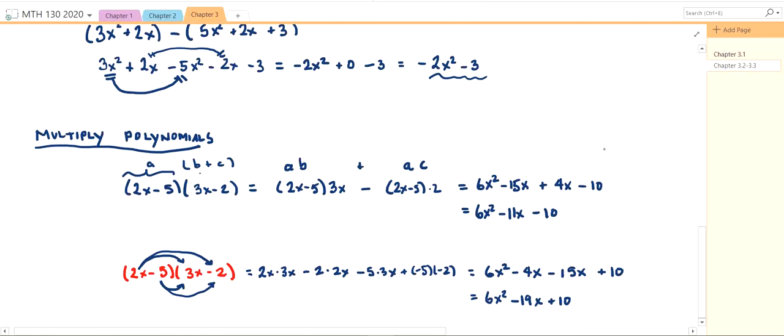And if I have a minus sign here, then that's going to be minus 4x plus 10. So this will be minus 19x plus 10. Sorry about that.